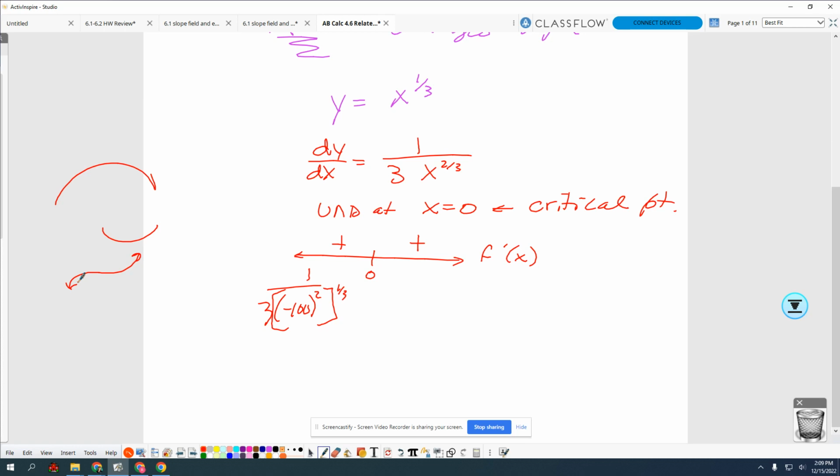In a minute I'll do a separate thing just with the exponents, but right here, Tessie says neither max or min at x equals 0 because x does not change signs. You don't need to say that, it's already implied.